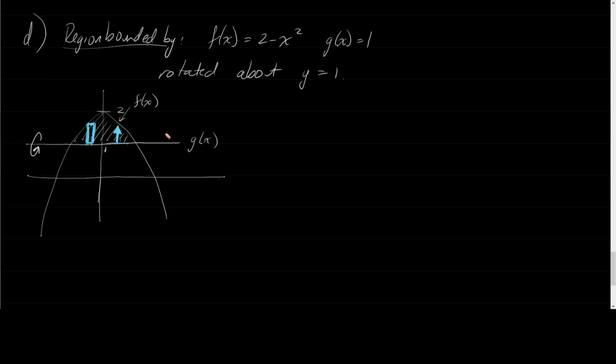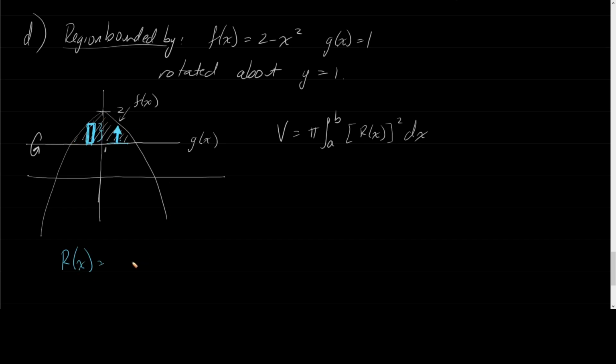We're rotating about a horizontal axis, so my volume is going to be pi integral from a to b of our radius function squared dx. But what's our radius now? In here, my radius is this distance here. Well, what is that distance?